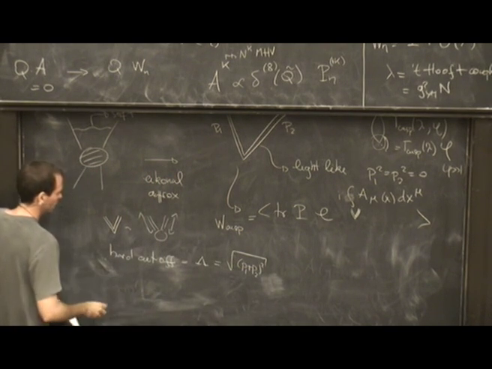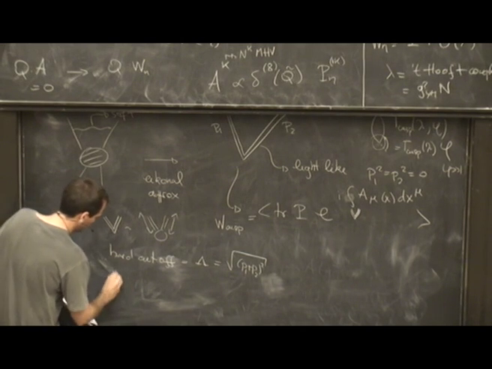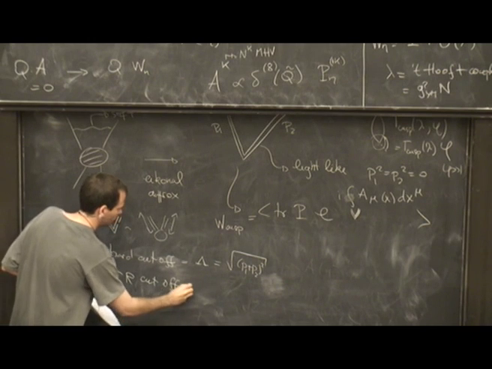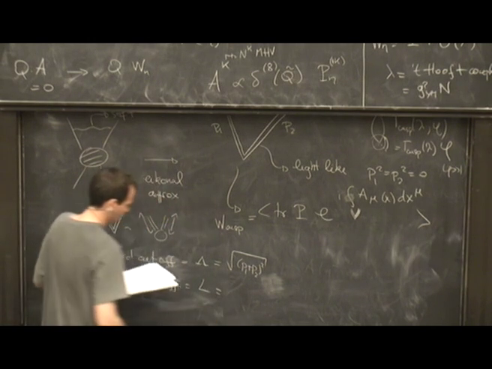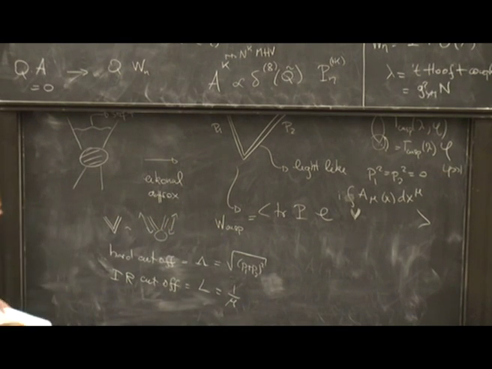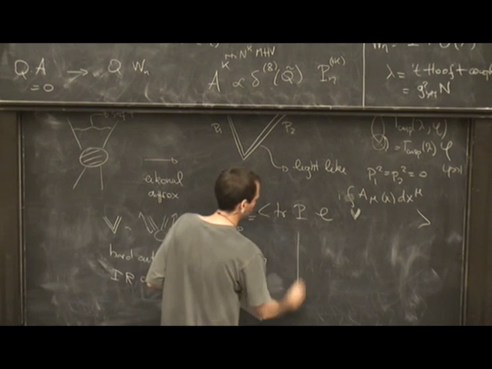Okay. And I also want to put some long distance cutoff, L, which is 1 over mu, if you wish, from the point of view of the regulator that I was using here.